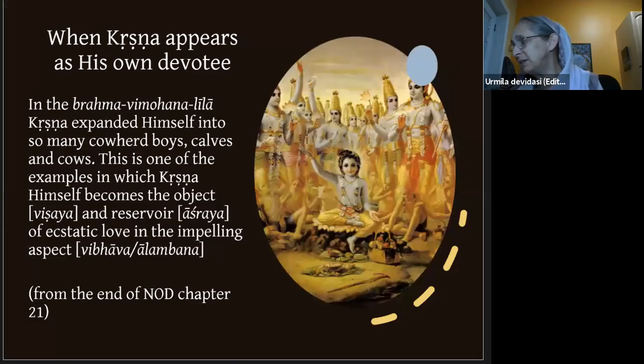The answer is given at the end of Nectar of Devotion, chapter 21, of course, right now we're in chapter 5. The example given is that when Krishna expands himself as the boys and the calves, the boys and the calves are ostensibly, apparently devotees, but they're not devotees, they're Krishna.